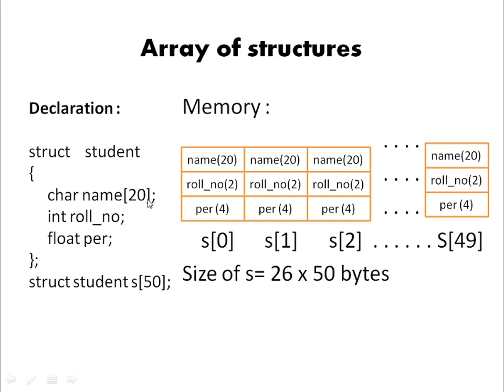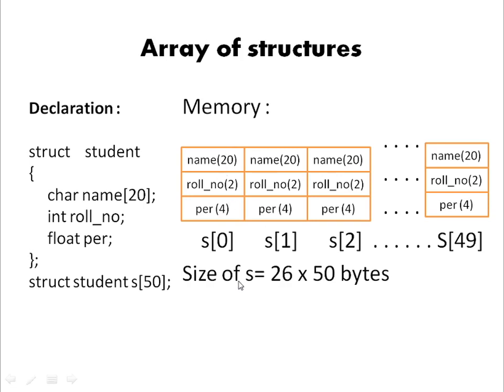Now this 20 is not constant. If you feel that the name is going to be too lengthy, you can increase the size also. Then I'll have roll number which is an integer of 2 bytes and percentage is of 4 bytes. So s of 0 on its own will consume 26 bytes.